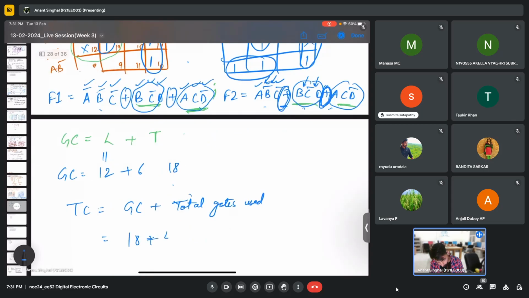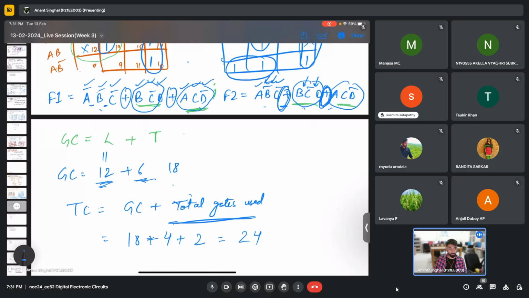So I can write four OR gates and two AND gates for each and every term. That will count to be 24. So do you understand the concept of this? How I get 12, 6, and finally how this total gets used. This is the particular motive of this problem: how to count them.